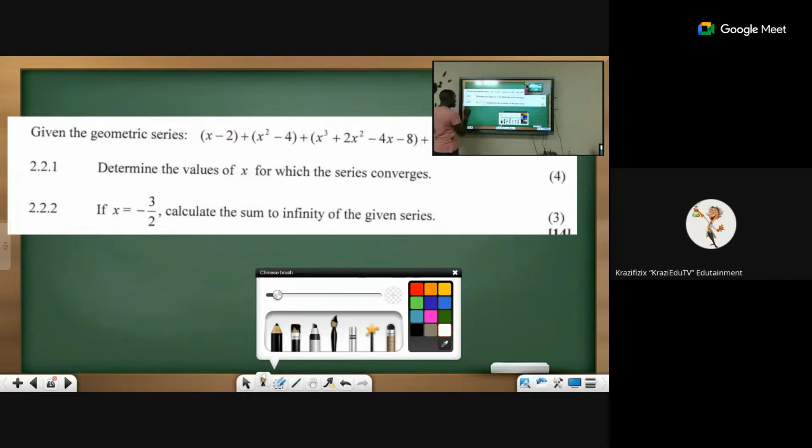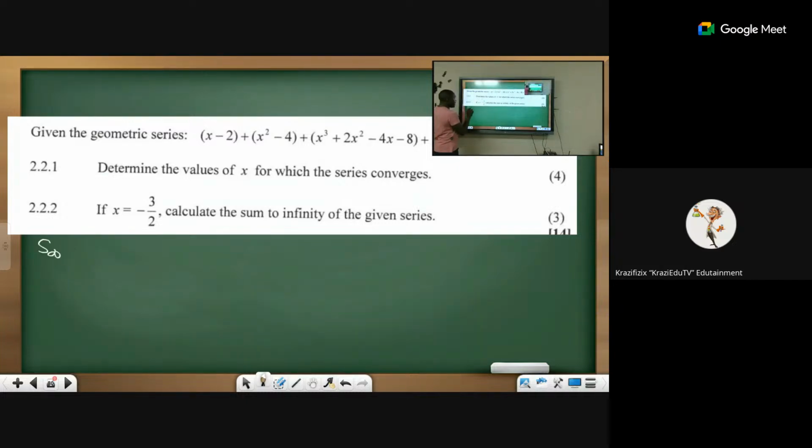Start by writing what your formula is, so that you know what you need. I need my a and I need my r. What is a? It's the first term. And the examiner has given me what my x is. So what is your answer? What is your answer here? -7/2, I think.